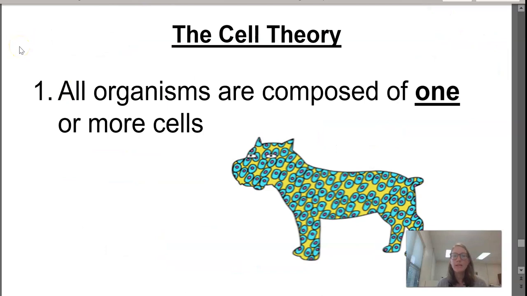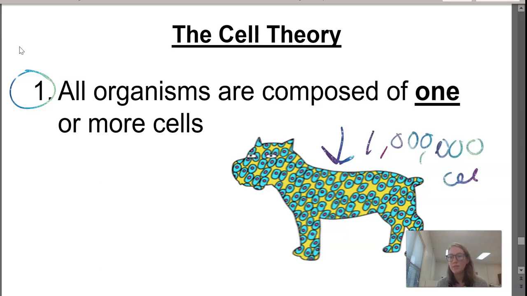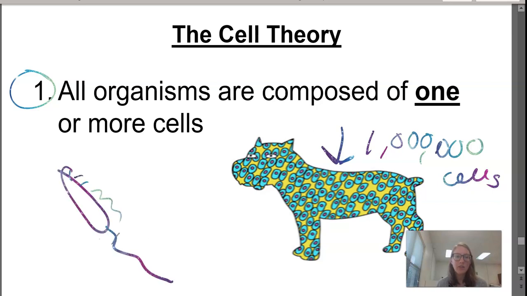So we're going to go through 3 steps of the cell theory. Number 1, all organisms are composed of 1 or more cells. So this little dog is composed of probably over 1 million cells. He's considered living. Or our little bacterium that had its little flagella all over the place, okay?